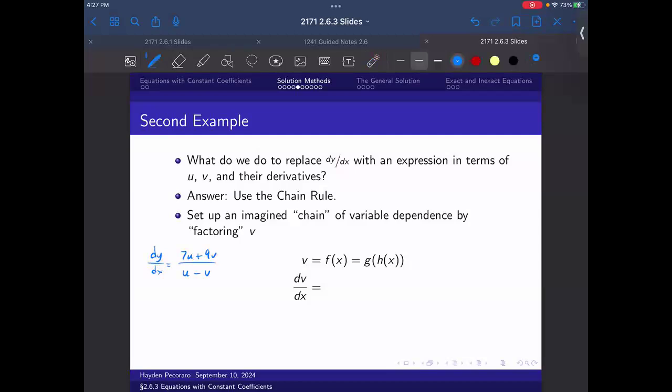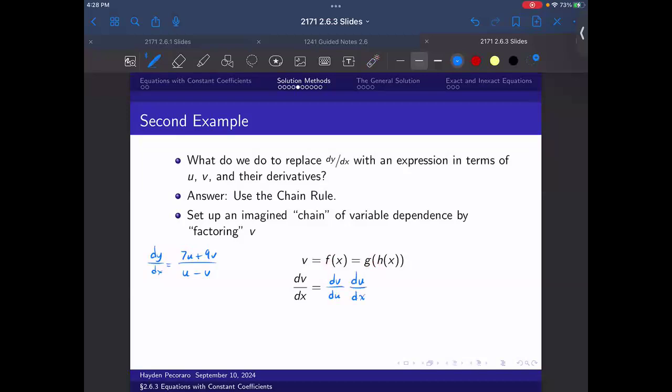So I have dv dx, and I can think, well, v is some function of x, but I can split it up and use the chain rule. So here we'll get dv du times du dx.